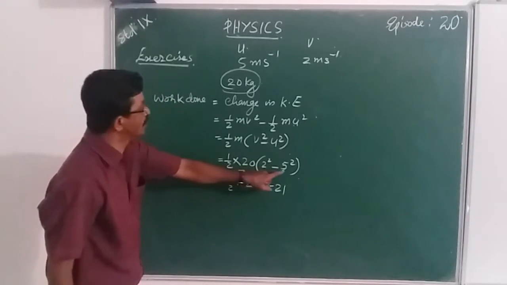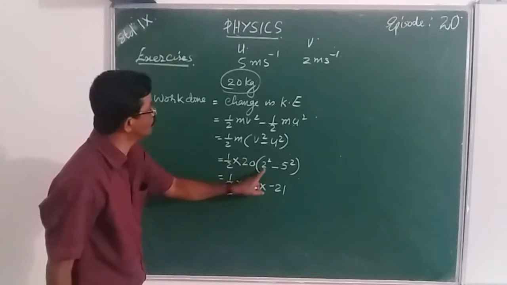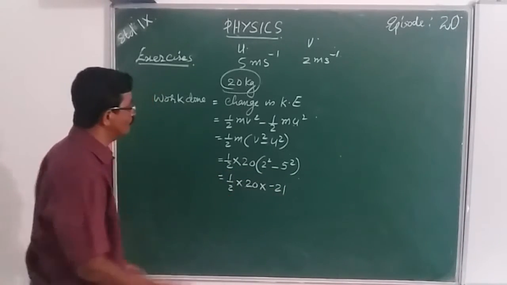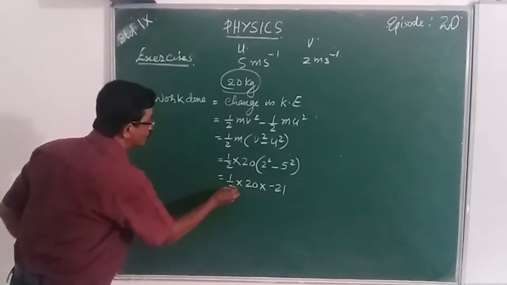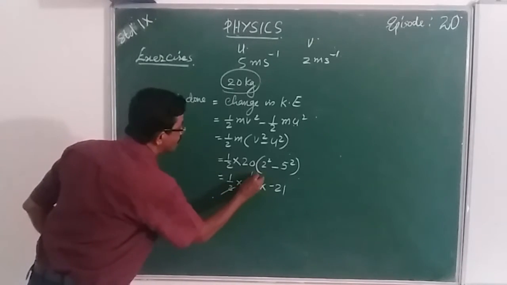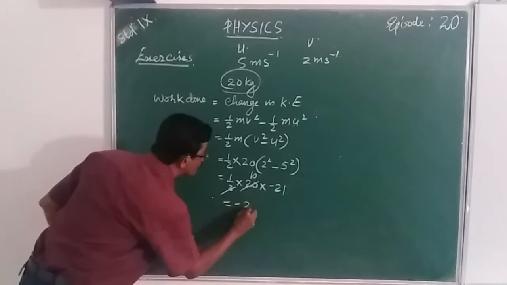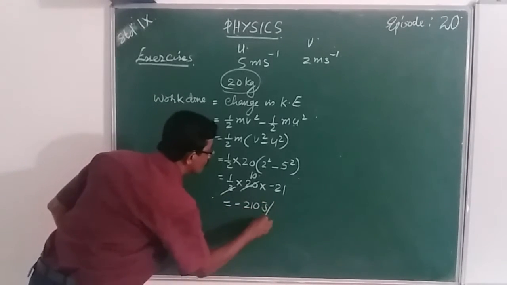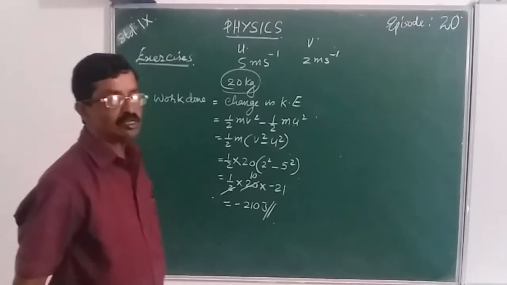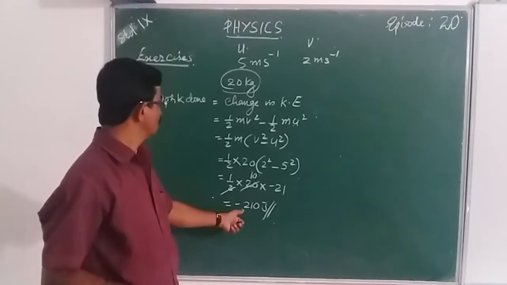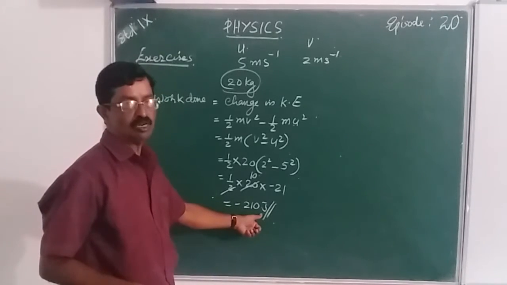Here we can cancel this 2 and 20, we get 10. Here it is equal to minus 210 joule. So the work done is equal to minus 210 joule.